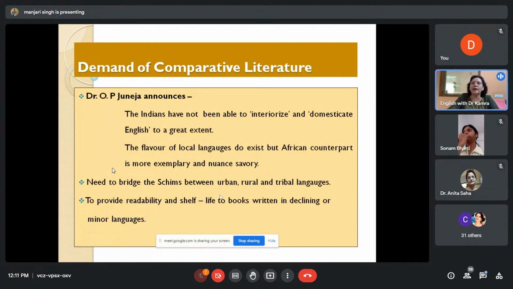Then we also need comparative literature in India because there's a clean divide between urban languages, rural languages, and tribal languages. If we look into a lot of regional literature and make a comparative study, it quickens the assimilation of the languages.